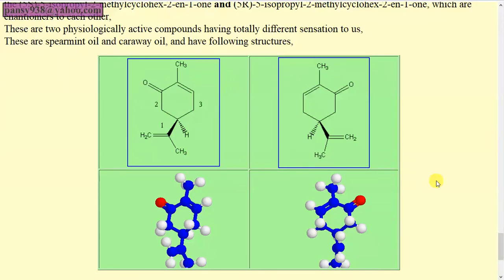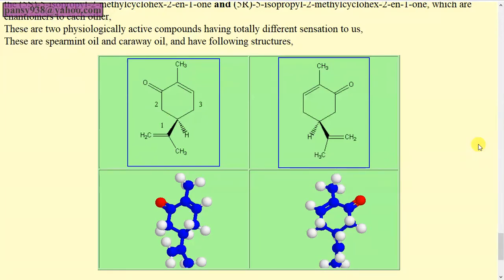And you observe that both of them have very different characters, not only physiologically, but their taste is also different. Even the smell of both of them is very different.